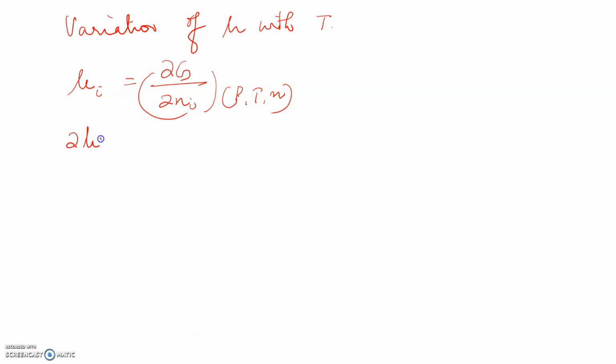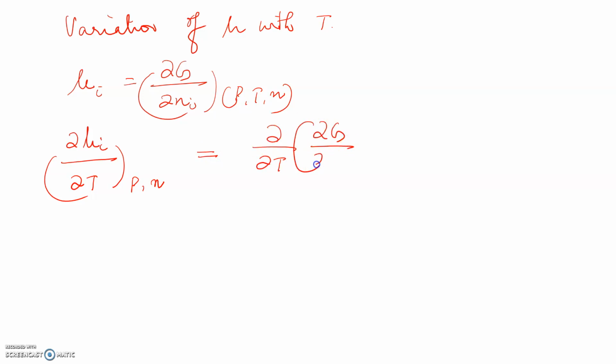That is, dou mu I by dou T at constant pressure and number of moles will be equal to dou by dou T of dou G by dou Ni at constant pressure, temperature and N, and this will be at constant pressure and N.